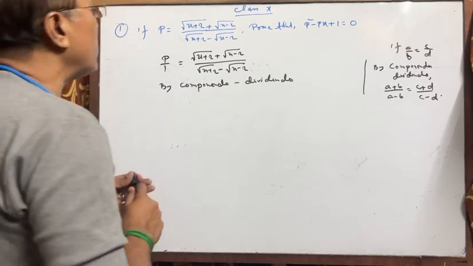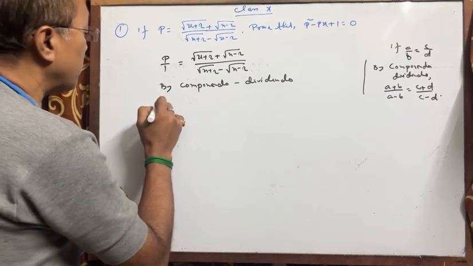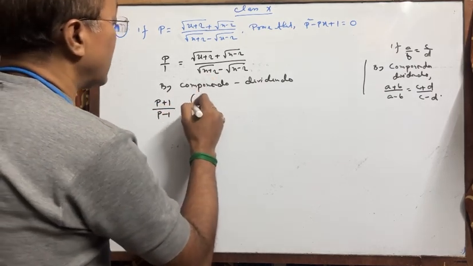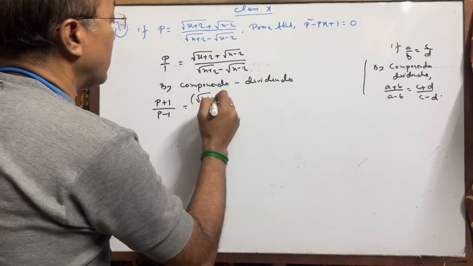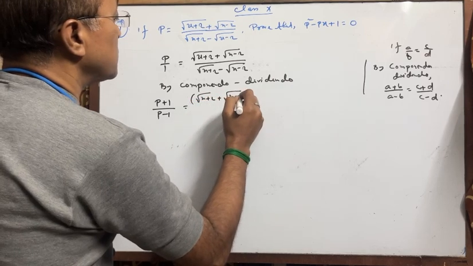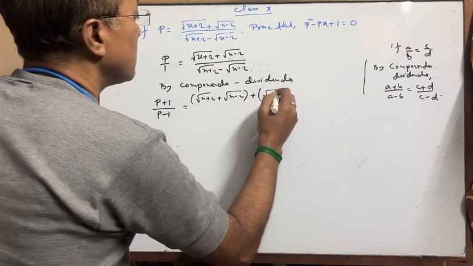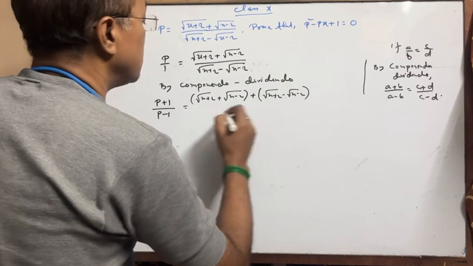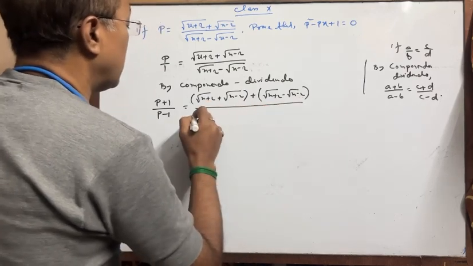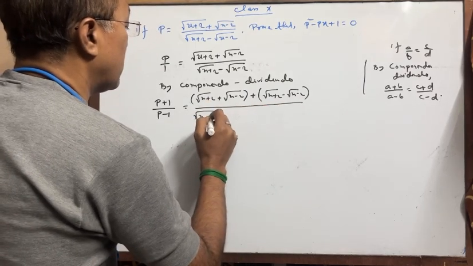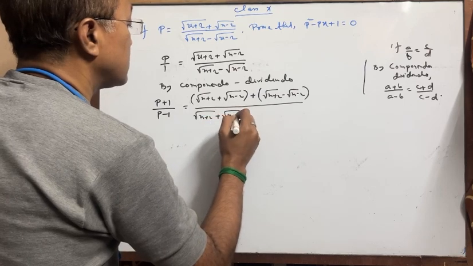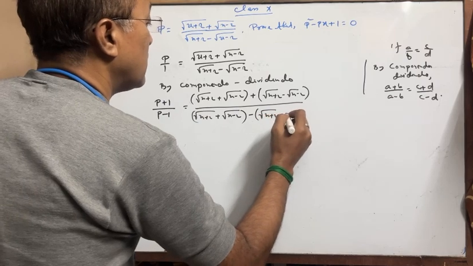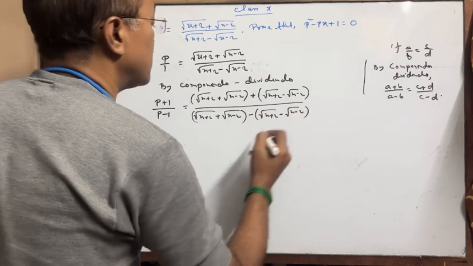By componendo dividendo, we can write p plus 1 by p minus 1 is equal to root over x plus 2 plus root over x minus 2 plus root over x plus 2 minus root over x minus 2, divided by root over x plus 2 plus root over x minus 2 minus root over x plus 2 plus root over x minus 2.